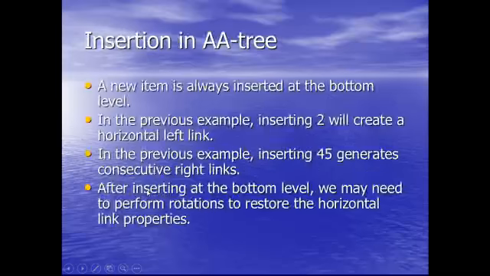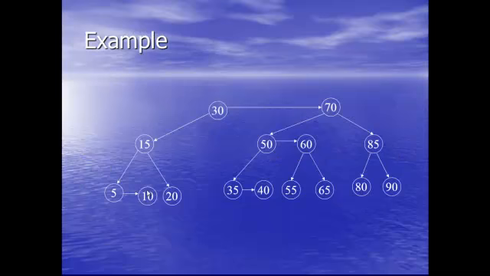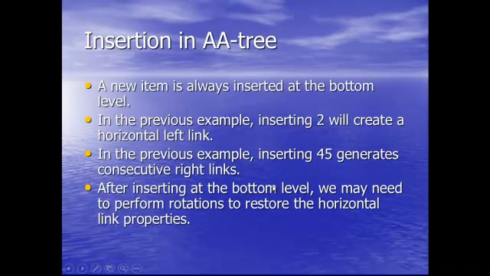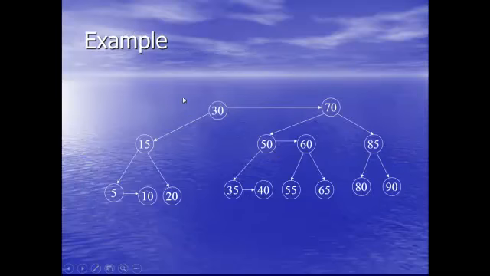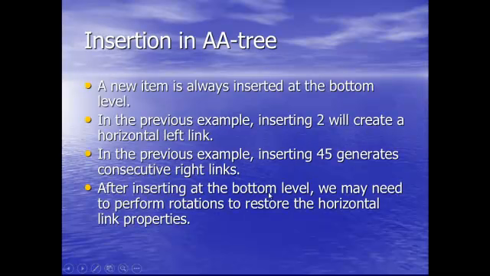Then in the previous example, inserting 45 generates consecutive right links. 50 already has 1 horizontal link, that is 60, and it will create another horizontal link, that is 45, which will be inserted after 40.